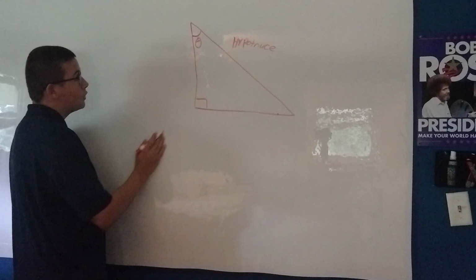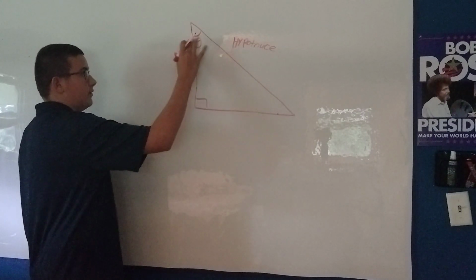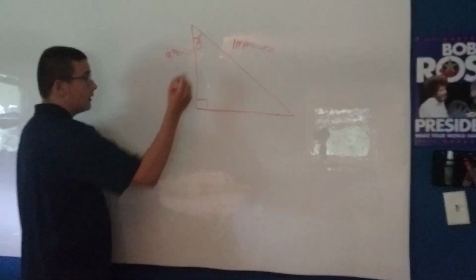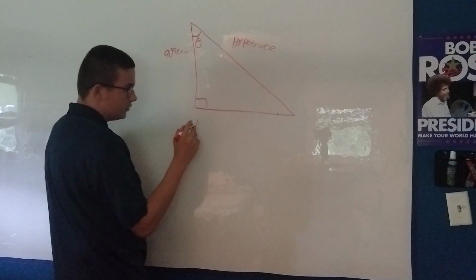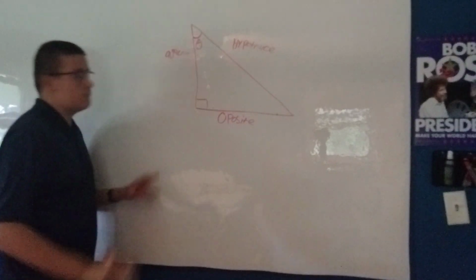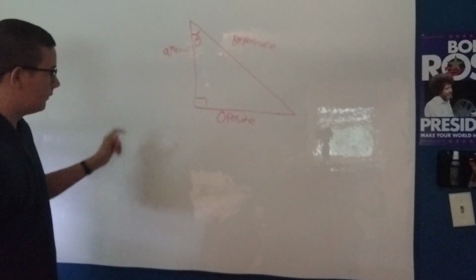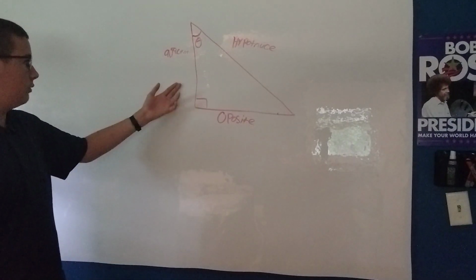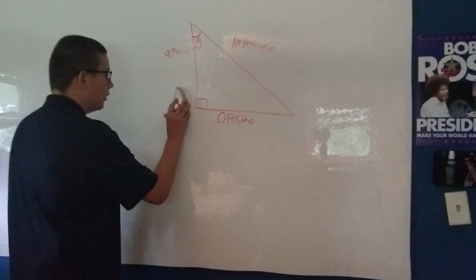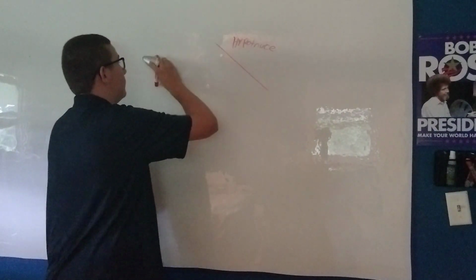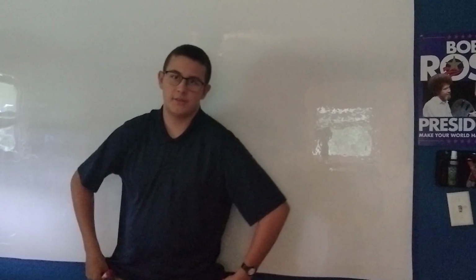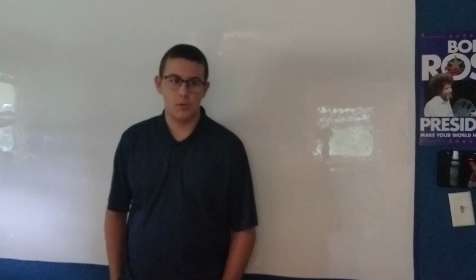But now because this side touches theta, this is the adjacent, and because this one doesn't touch it, we call this opposite. And then same thing, you can spin this triangle, flip it however you want. You're still going to label it based on which side touches theta and which side doesn't touch theta. And then the hypotenuse, as you already know. I'm not going to go over that and give examples, because it's pretty easy to understand once you see it once or twice.